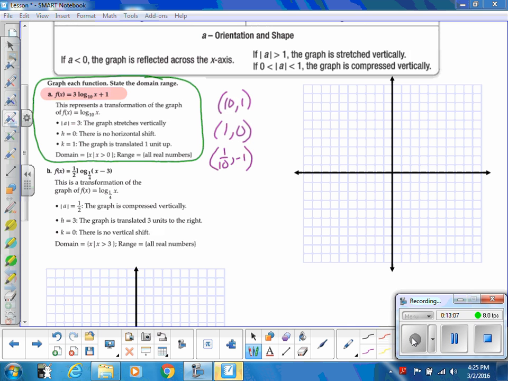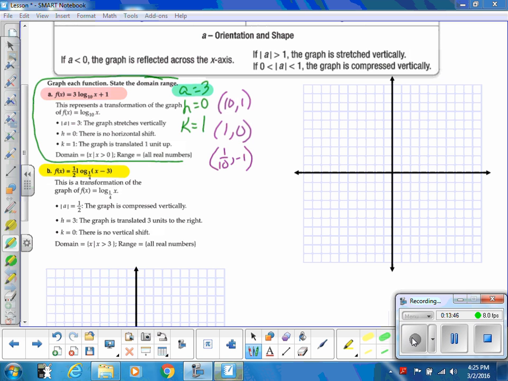Now you go through the process. Find your A, H and your K. Well, my A value is 3. My H value is 0. My K value is positive 1. Okay? Remember, if it was an H value, kind of like if you look at the second problem we're going to work on, that would be in parentheses with the x. Now, you're going to apply all of these in the order we list them, like we always list them, A, H and K. So the first thing you want to do is apply your A. All right, A is 3.